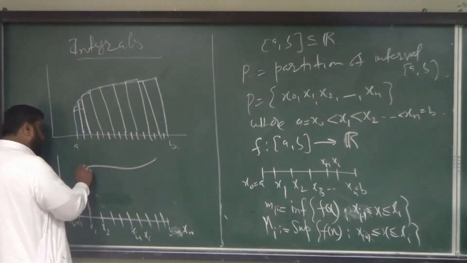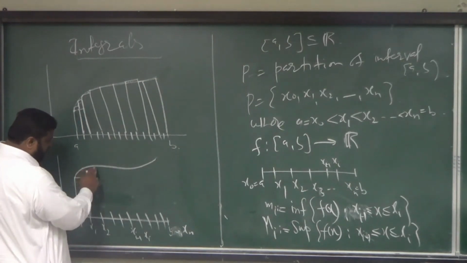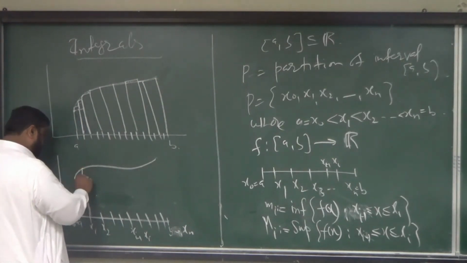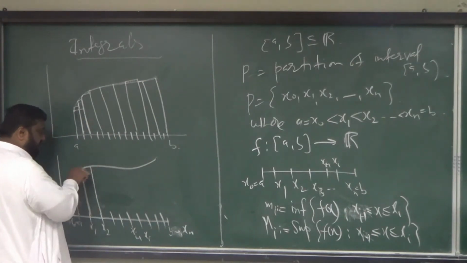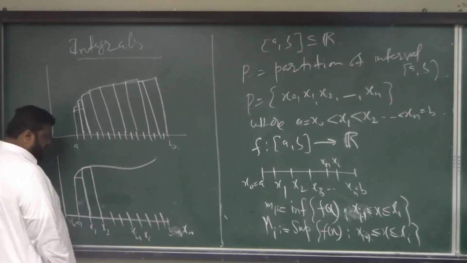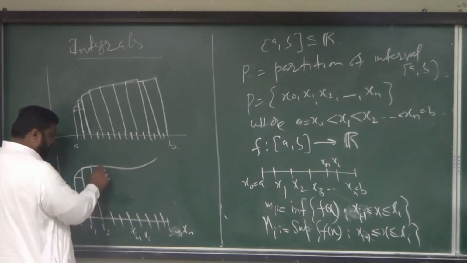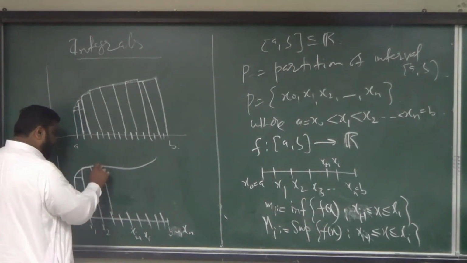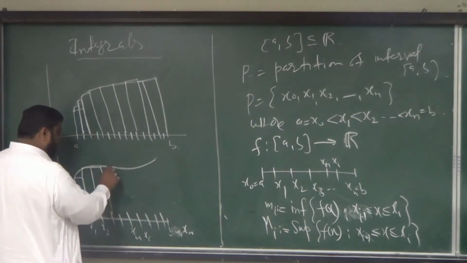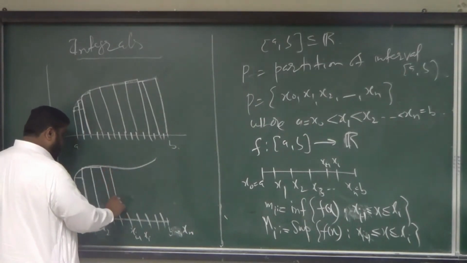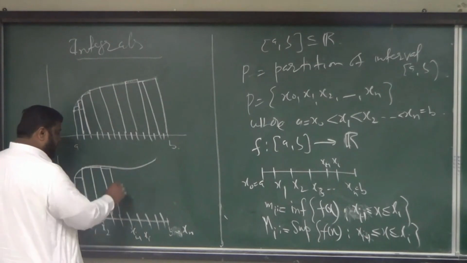So take the smallest value. Which is the smallest value here? This is the smallest value. Take this height. And how about in this interval? The smallest value is here, for instance. And in this interval, the smallest value is here.